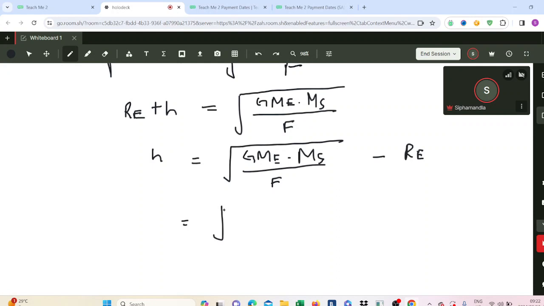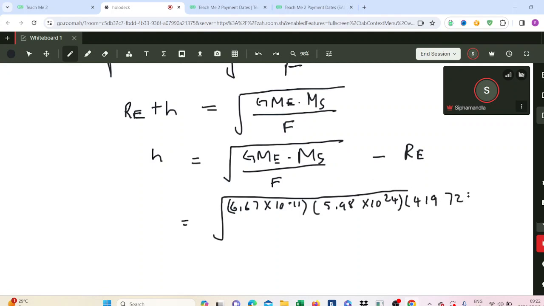So let me just plug in the values. G is 6.67 times 10 exponent negative 11. And then ME, which is the mass of the earth, is 5.98 times 10 exponent 24 kg. And then the mass that was given for the satellite is 419,725, over the force.